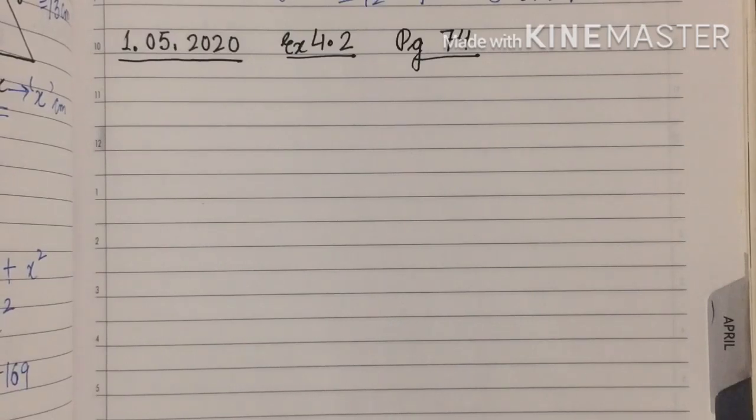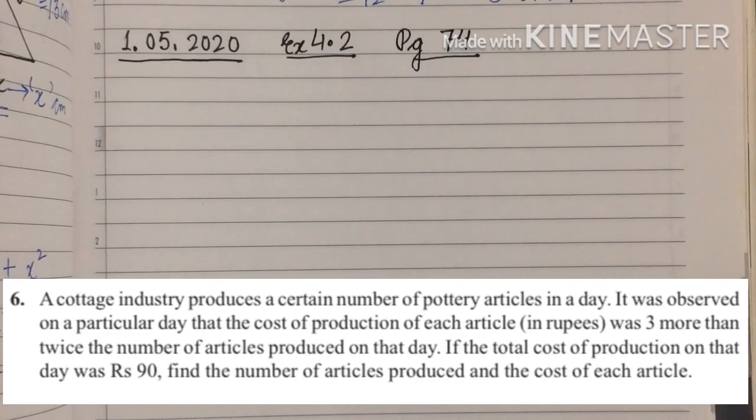Question number 6 is, a cottage industry produces a certain number of pottery articles in a day. It was observed on a particular day that the cost of production of each article in rupees was 3 more than twice the number of articles produced on that day. Now this sentence gives you a relation between the cost and the number of articles.